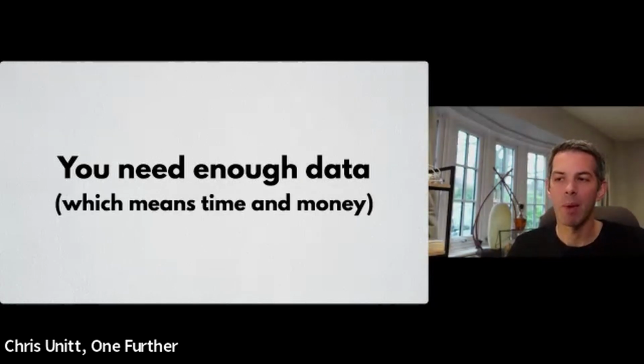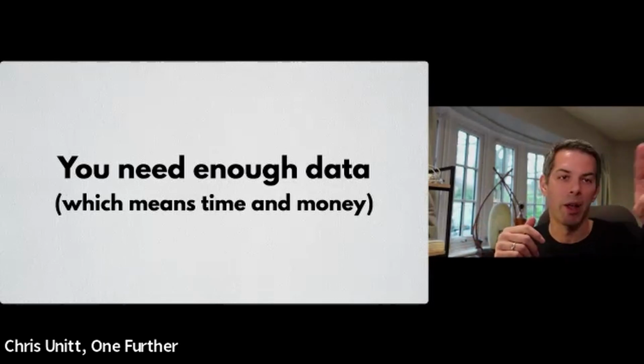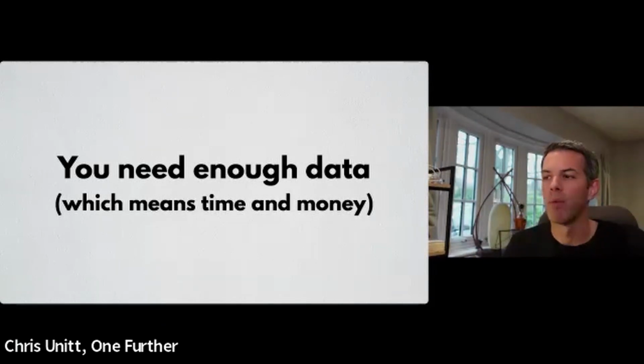So yeah, it means time and money. It means putting budgets together so that there's enough to spend, and also letting that run for enough time that Facebook or Google can do that job of zeroing in on who the most relevant and receptive audiences are.